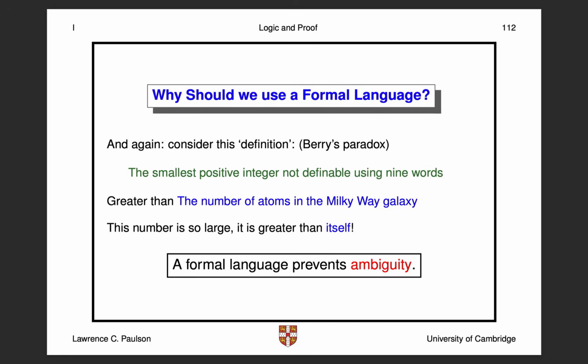And because we're using the English language, it is slippery enough and ambiguous enough to allow this sort of contradiction to arise. So certainly one massive reason for using a formal language is to eliminate such ambiguities. The second big reason for us computer scientists is that a formal language can be manipulated by machine and using algorithms and code.